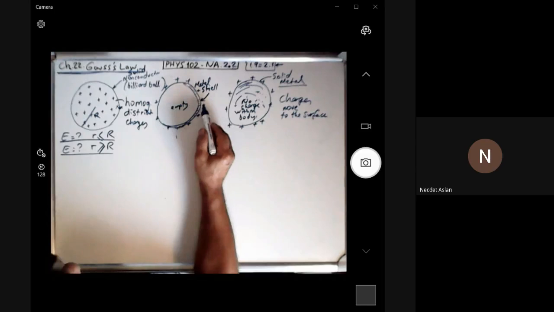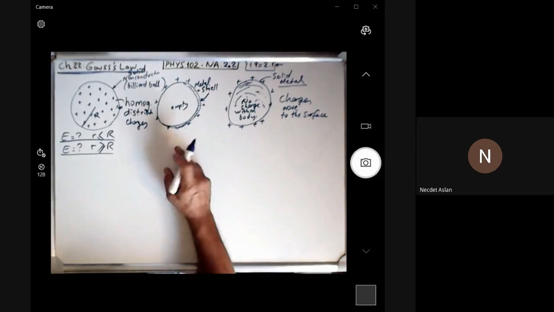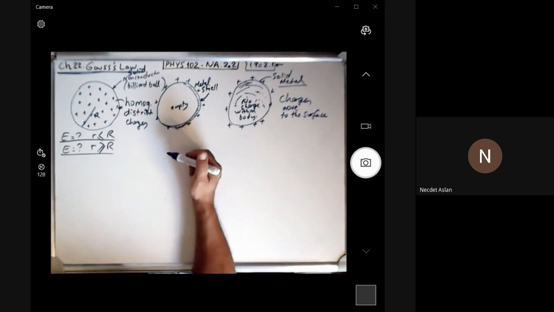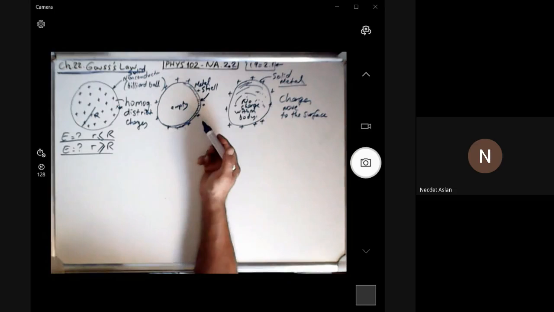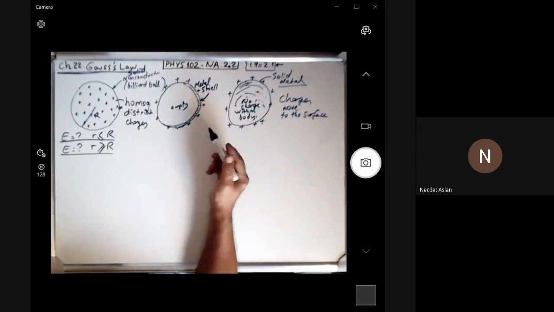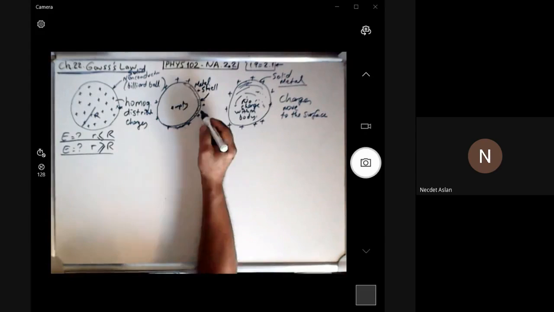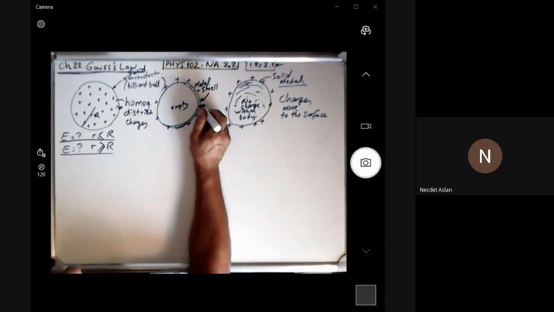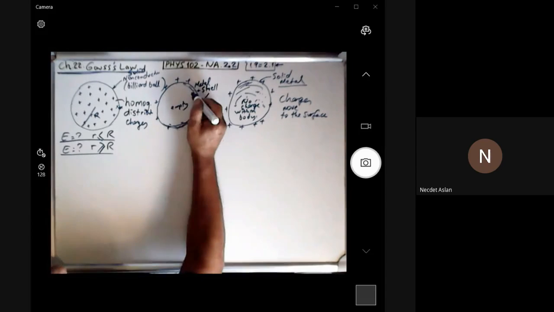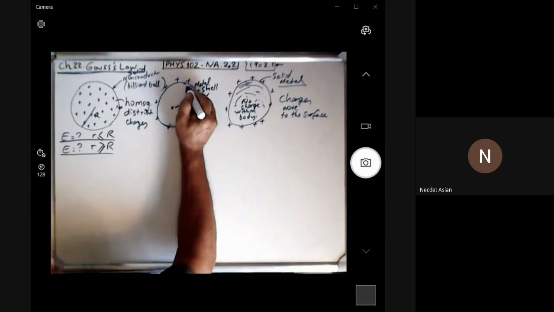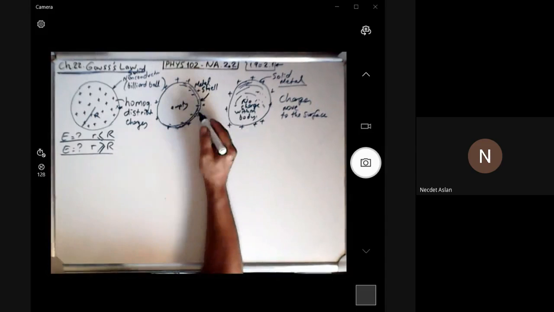Before touching this surface, the metal shell was neutral, but now all of a sudden the outside is positive, so the electrons will move to overcome this problem inside. So the inside surface will be coated by negative charges. But this is happening in a very small amount of thickness.